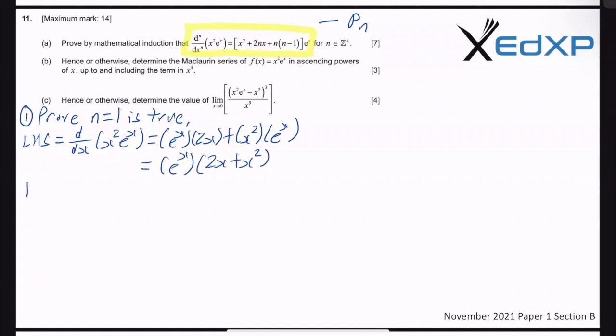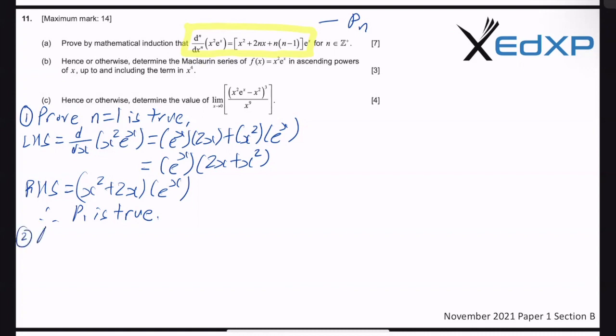On the right-hand side of the equation, when n is 1, I get x squared plus 2x times e^x. Therefore, since left and right are the same, P1 is true.